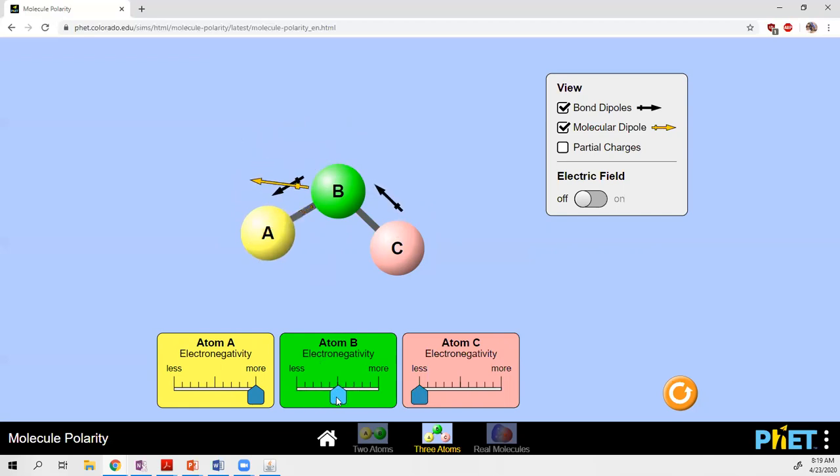If I bring this to the middle, you can see that by adjusting the position of C, we can change where that molecule dipole is going to be facing towards. If it's bent or if it's linear, it gives it a different polarity.